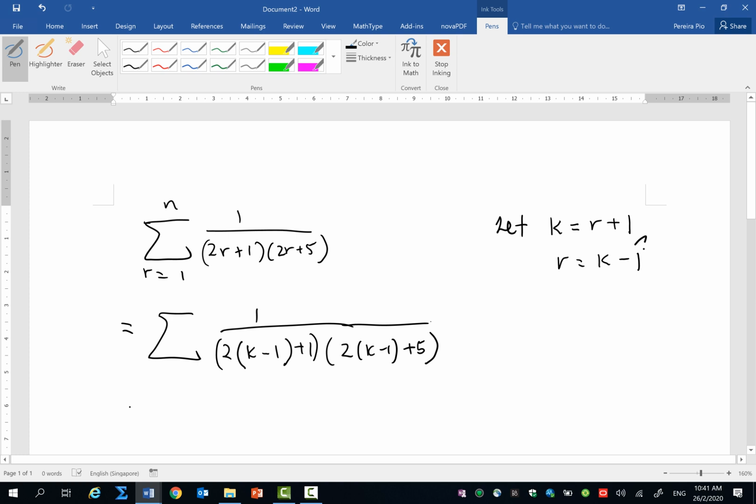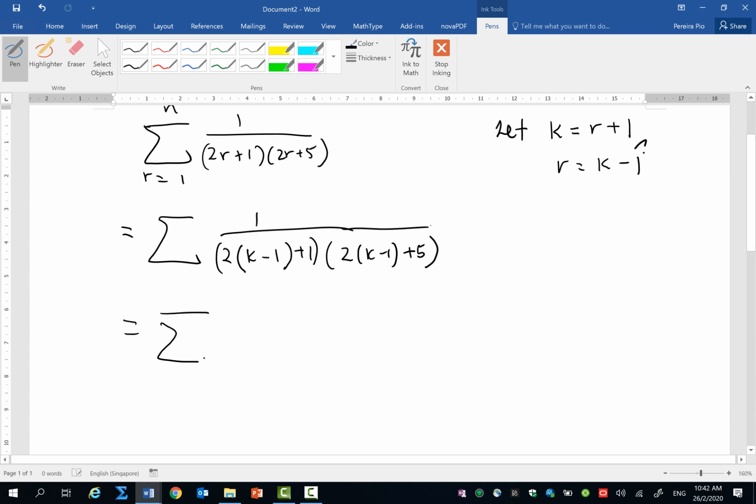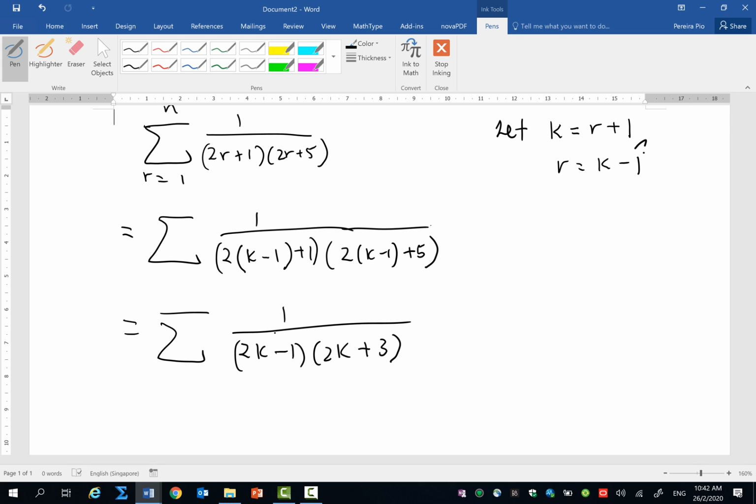I'm just going to leave the limits out for the moment. I simplify this first, and you are going to see that this will give you 2k minus 1, 2k plus 3, which is basically what was part 2, just that the variable changed to k. So, dummy variable, you don't really care.